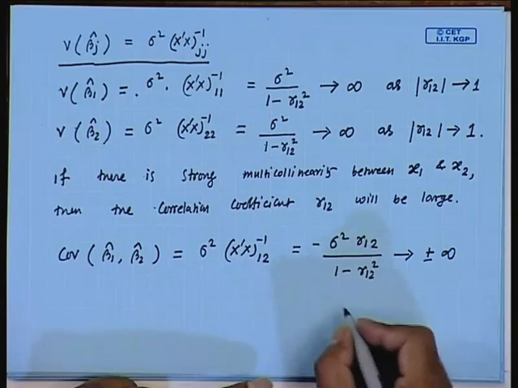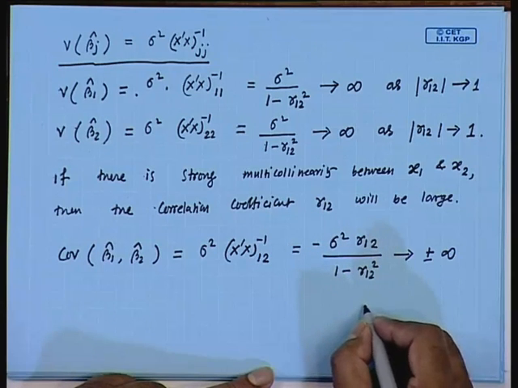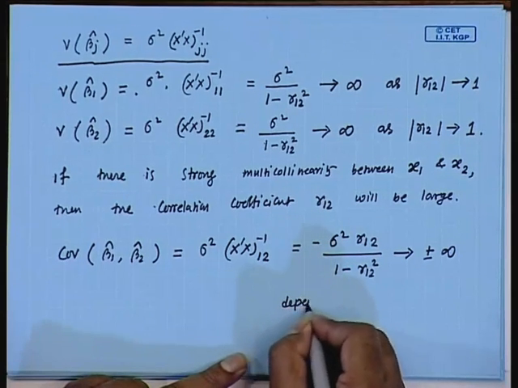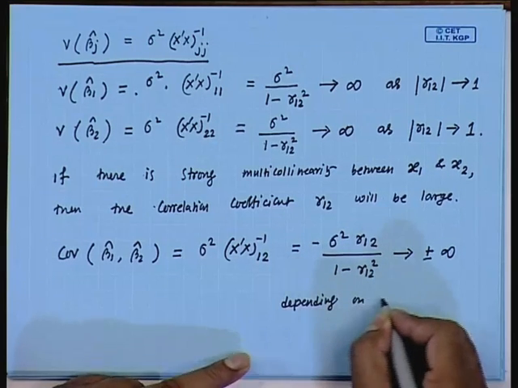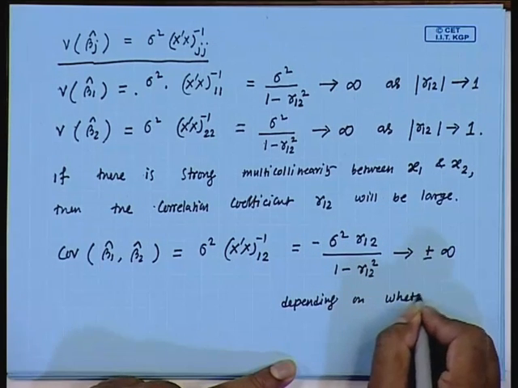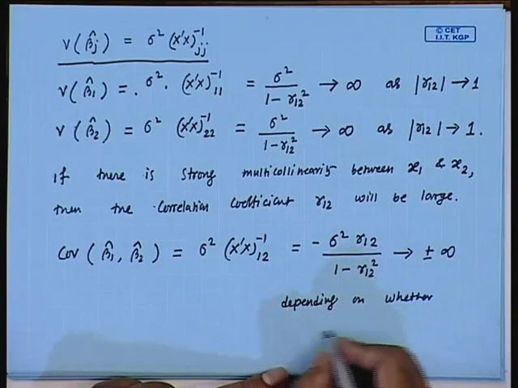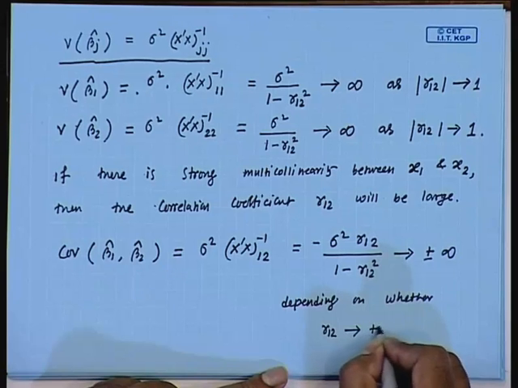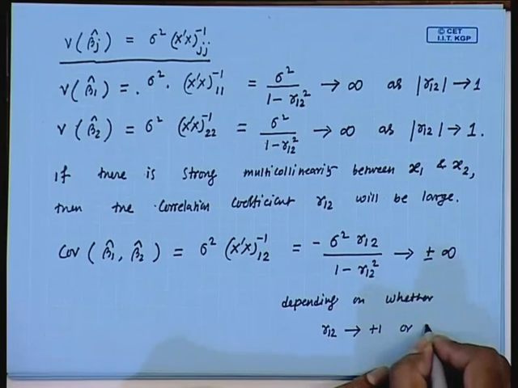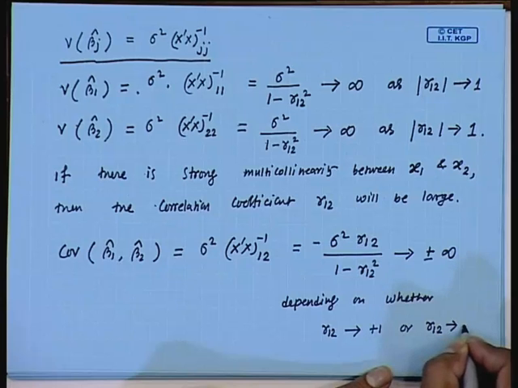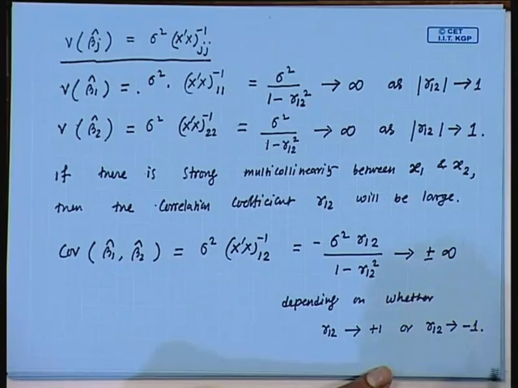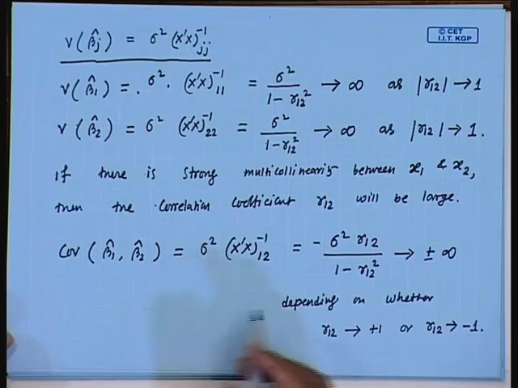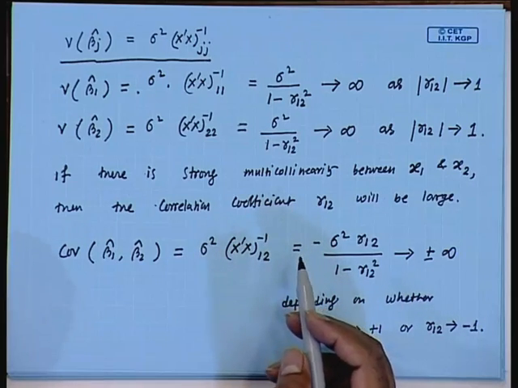depending on whether R12 tends to plus 1 or R12 tends to minus 1. So, this is the proof, using two regressors in the multiple linear regression model.